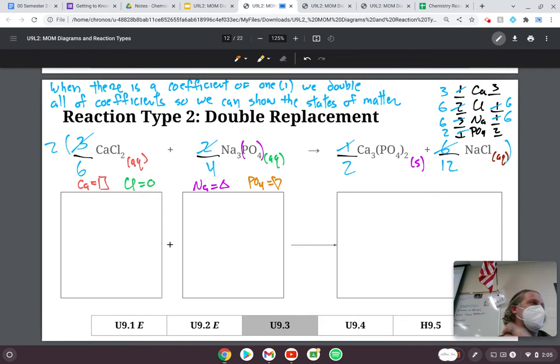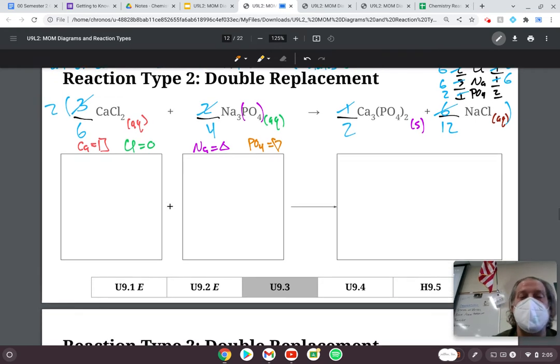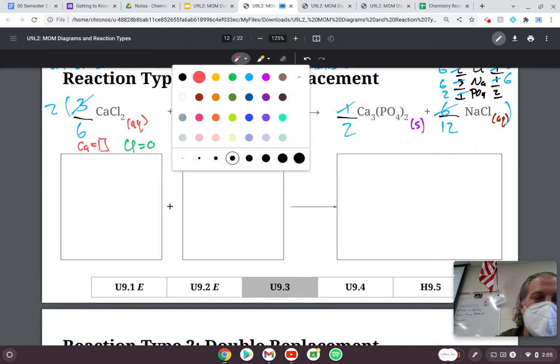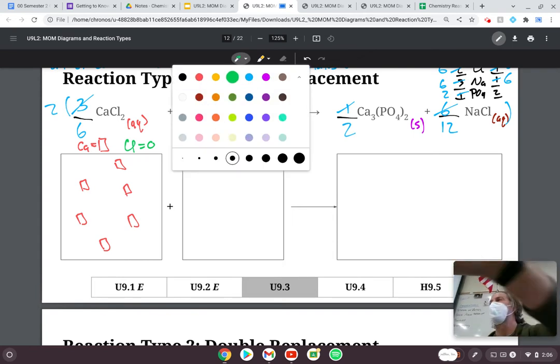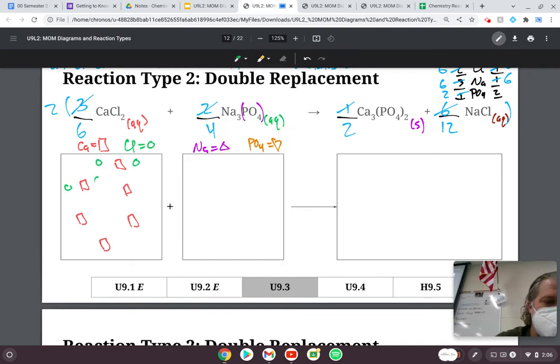So now when I draw this structure, I'm going to go ahead and draw the doubled relationship. So in the case of it being aqueous, I'm going to have to draw 6 CaCl2s. So something like that. And remember, when I'm drawing them, they show the ratio of elements in the compound, right?